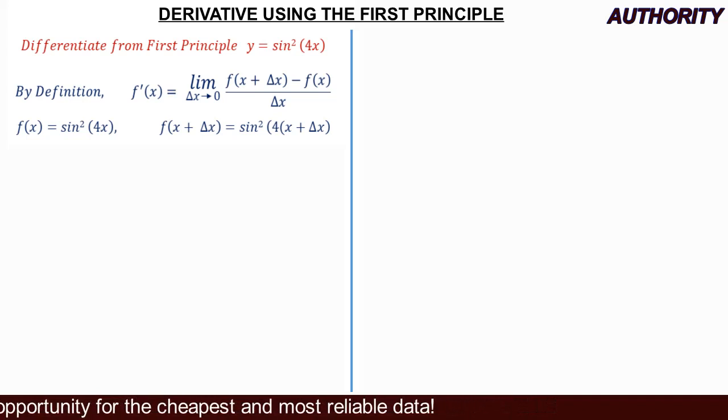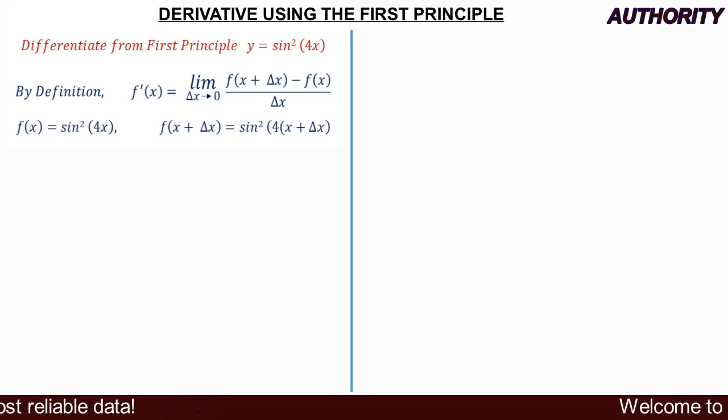Good. Now the next one is, what is f of x plus change in x? We just finished f of x. Now it's no longer f of x, but f of x plus change in x. That is, anywhere we see x, we are going to write x plus change in x.